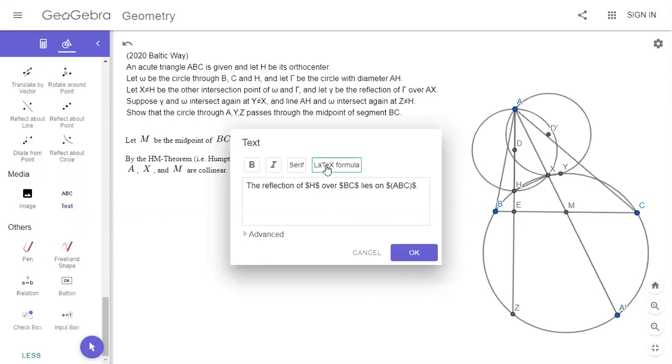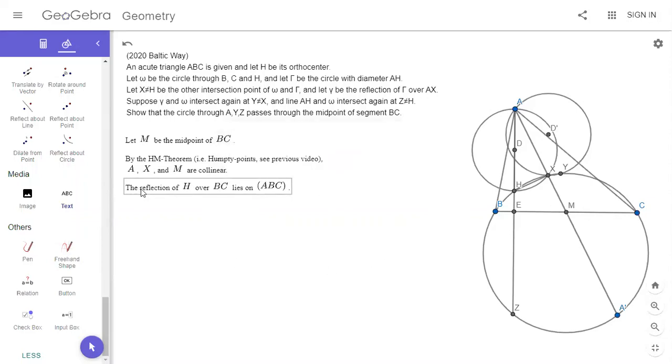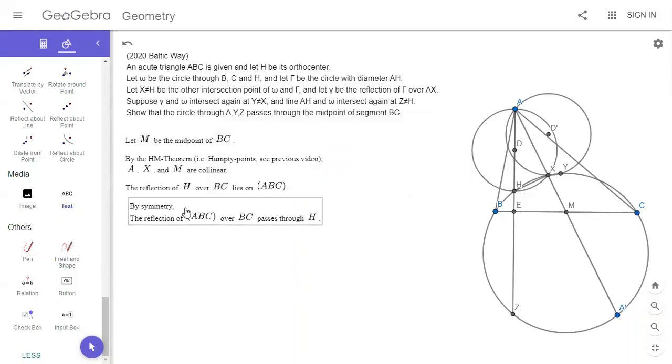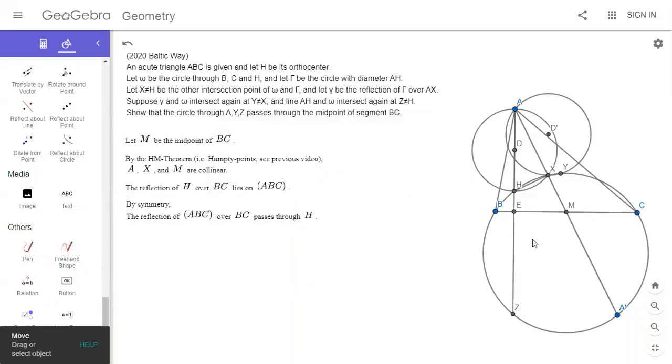And so then by symmetry, the reflection of ABC over BC passes through H. Does that make sense to everyone? So if we reflect that whole circle over BC, it has to pass through H by symmetry. So that means BHCZ is cyclic.